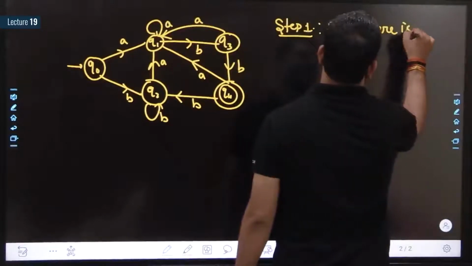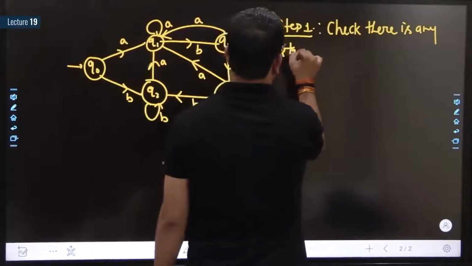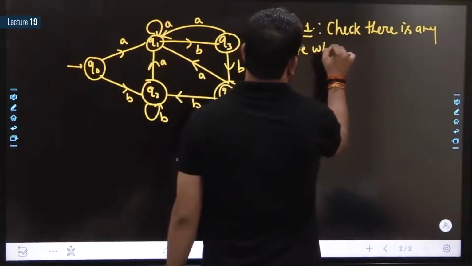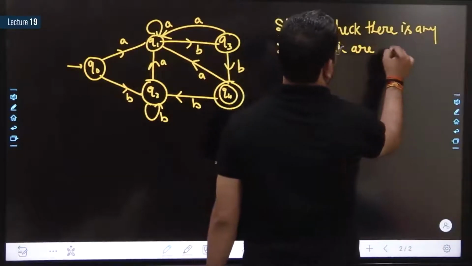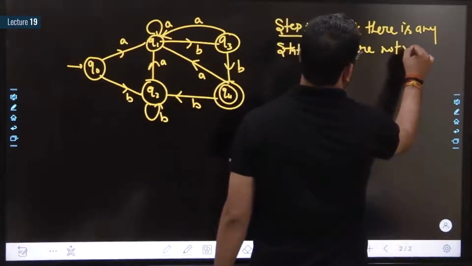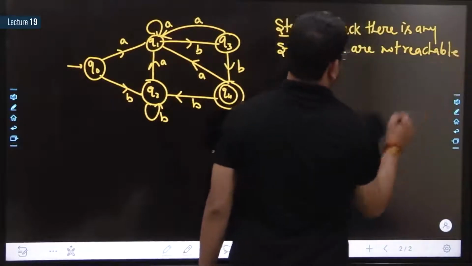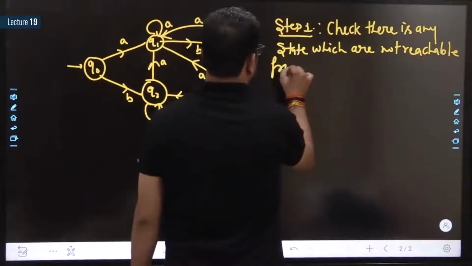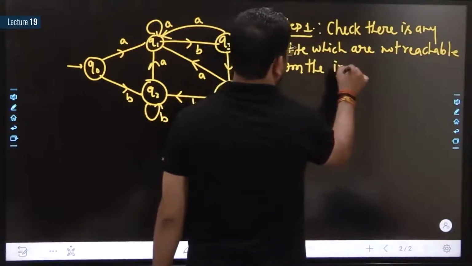Check whether there are any states which are not reachable from the initial state.